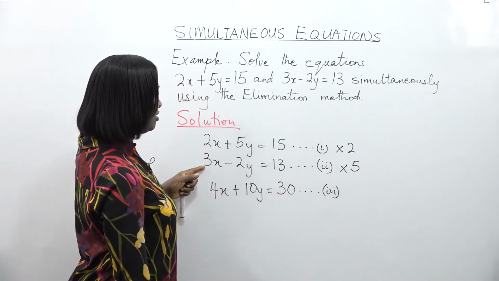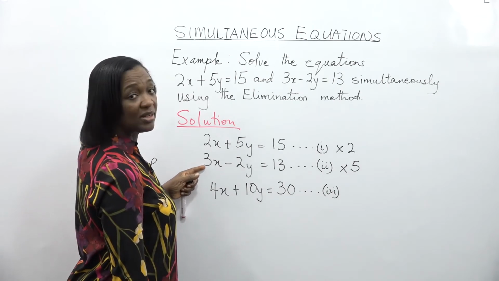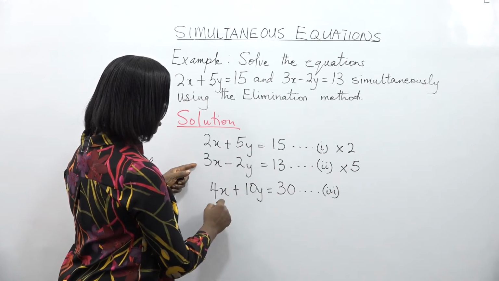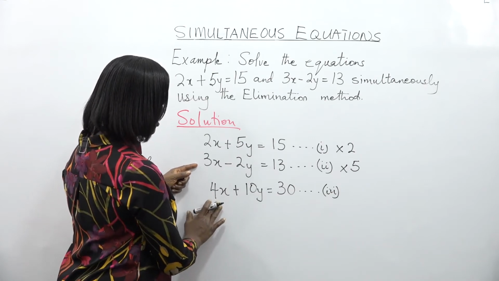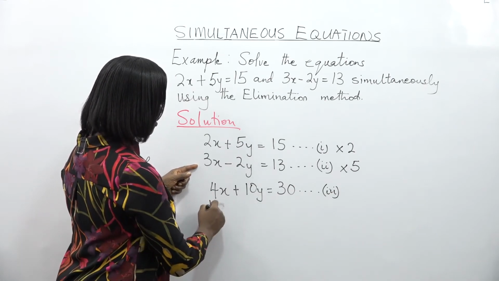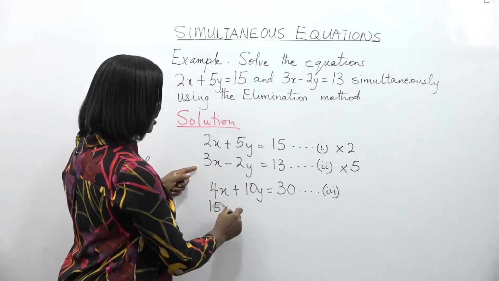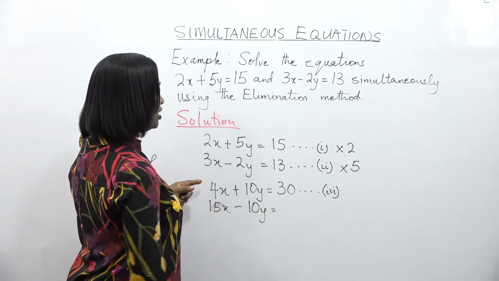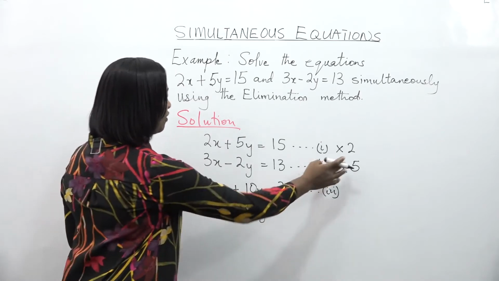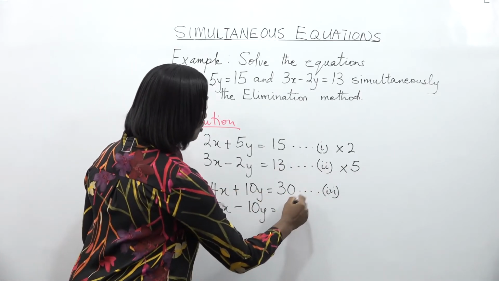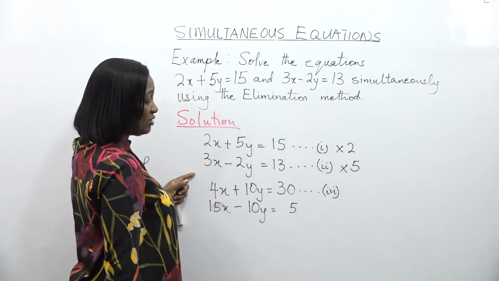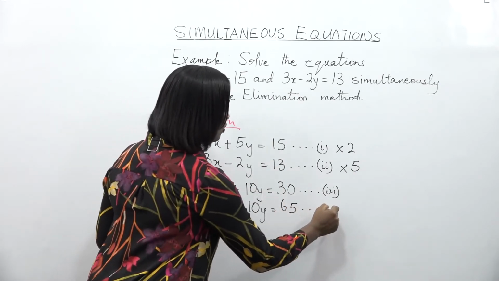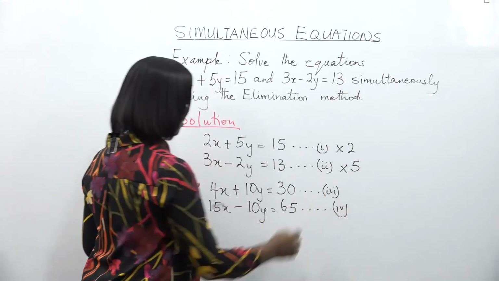And then the next one, 5 times equation 2 will give us 15x minus 10y is equal to 5 times 13. 5 times 3 is 15, carry 1. 5 times 1 is 5, plus 1 is 6, so 65. And we call that equation 4.